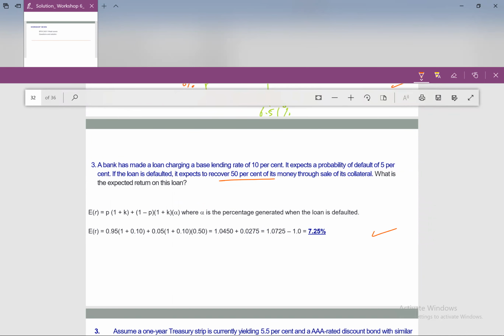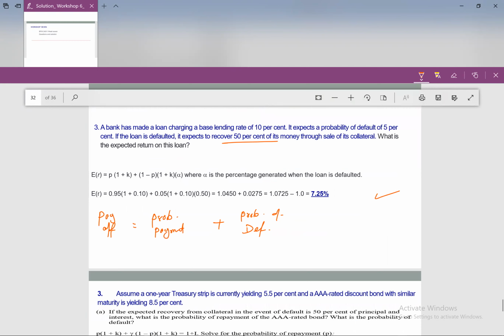Now, this is the collateral. And as I told you, the payoff to the bank when there is a collateral is the probability of payments. This is how probability laws work. Probability of payments plus probability of defaulting. What do I mean by probability of defaulting? It means I am going to sell the collateral, and if I sell the collateral, it will give me 50% of my loan. So actually, I will have to calculate this.